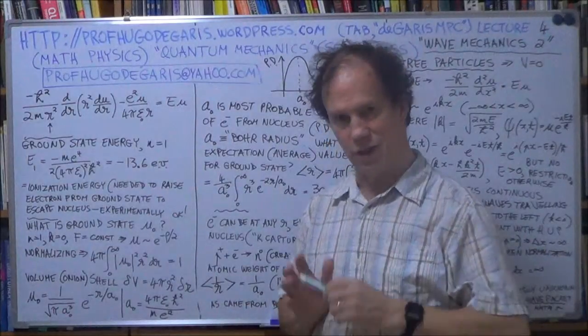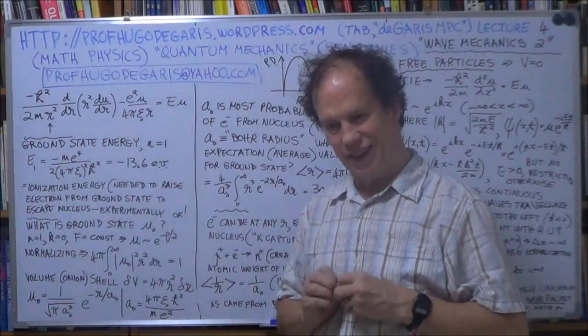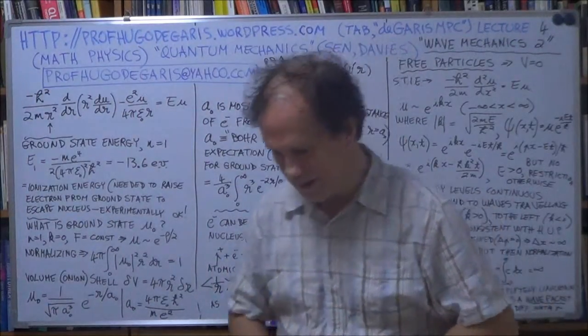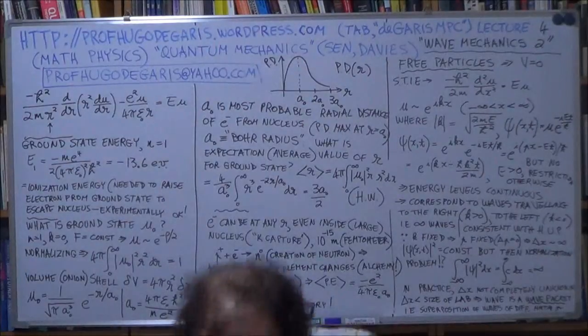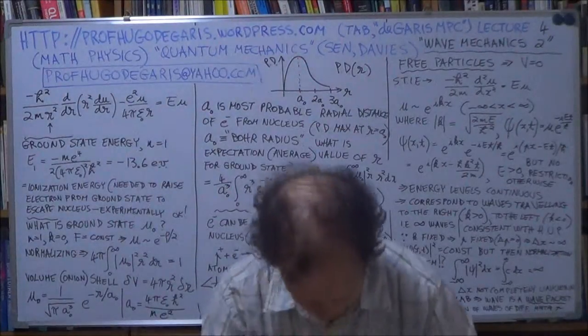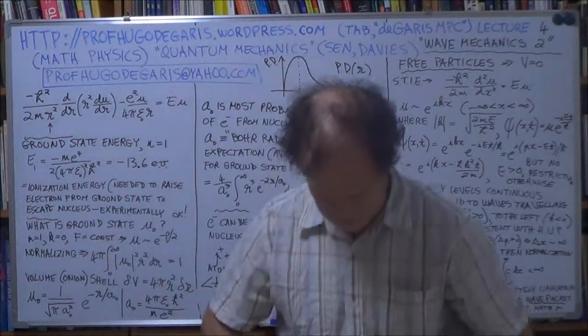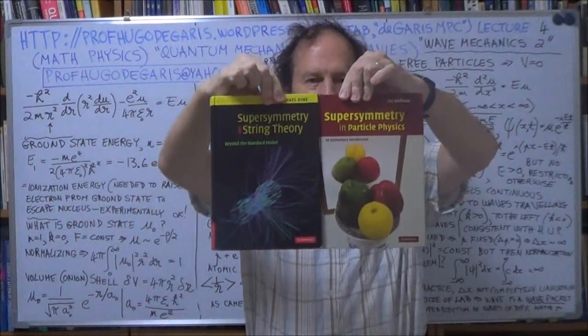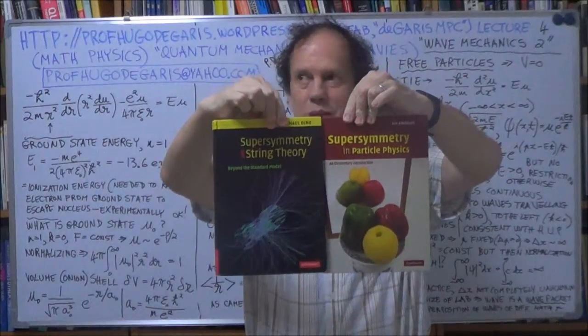And stay with me a couple of years, I'll give you all the theory of the Higgs. Well, I can show you. Here are two of the textbooks that I'll be using.